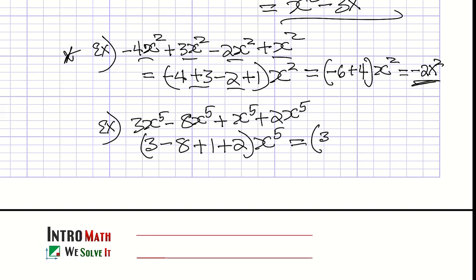No, not 3, sorry. Combine all the positive. That would be 3 plus 1 plus 2 is 6, minus 8, x raised to power 5. What is that? That's negative 2x raised to power 5. You see it, right? It's not more than that, man. So that's what is going on there.